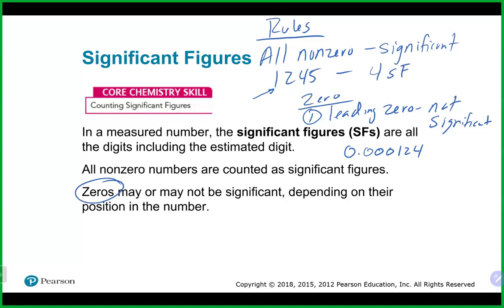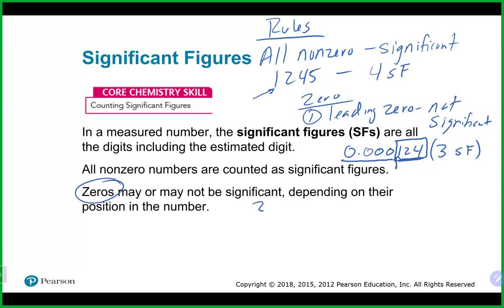It does have 3. Again, starting left to right, we do not start counting until we hit the 1, right? And now the rest of them are non-zeros. So the 1, the 2, and the 4, this guy would have 3 significant figures. The leading zeros are sort of placeholders, right? To give it sort of value.